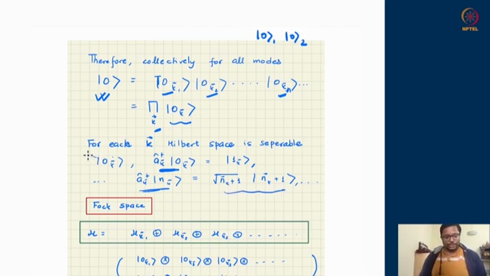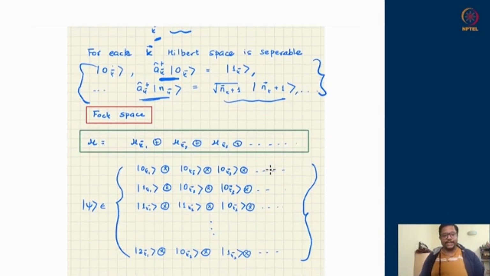So this whole set of oscillator states for each k exists, and you can have a superposition of that to write down a valid oscillator for that k mode. And the Fock space is defined as the collection of all such Hilbert spaces of all k's together.